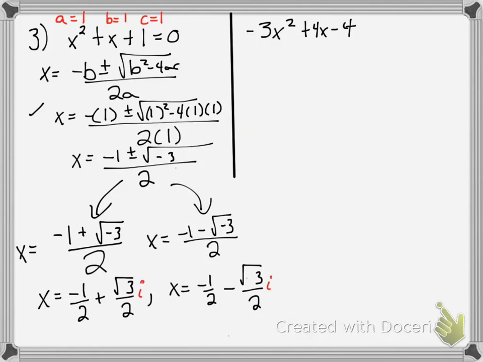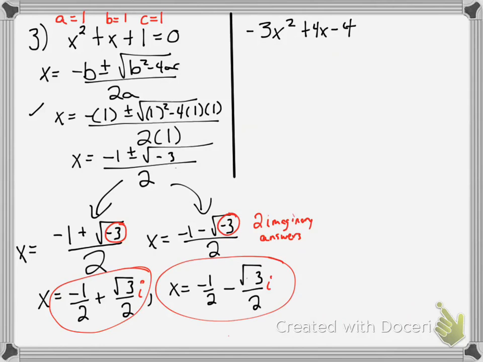So this is a point where the discriminant was a negative 3, which tells us that we should have two imaginary answers, which is exactly what we got in this case. Negative 1/2 plus square root of 3 over 2i, negative 1/2 minus square root of 3 over 2i.